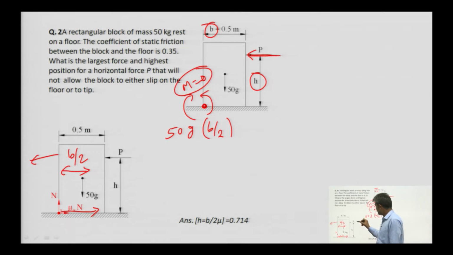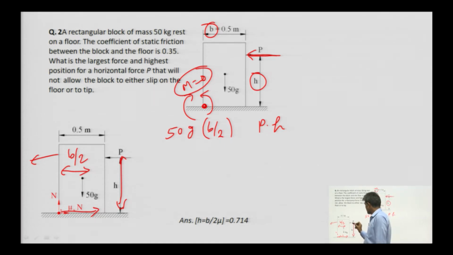The horizontal force P, and its perpendicular distance is this distance h. So it is P into h. What sign will we take here?